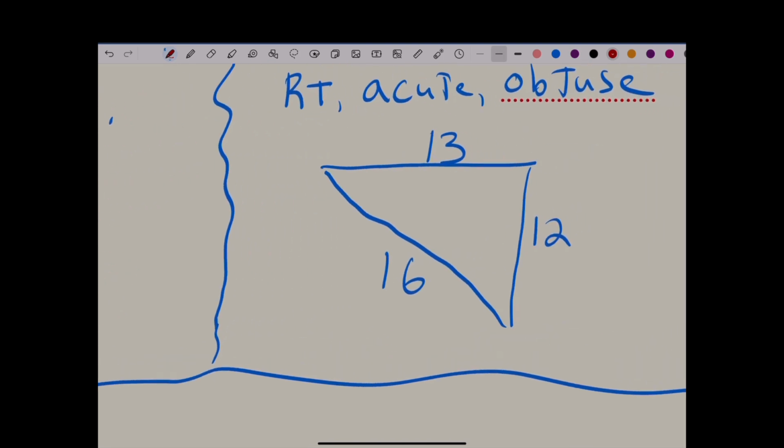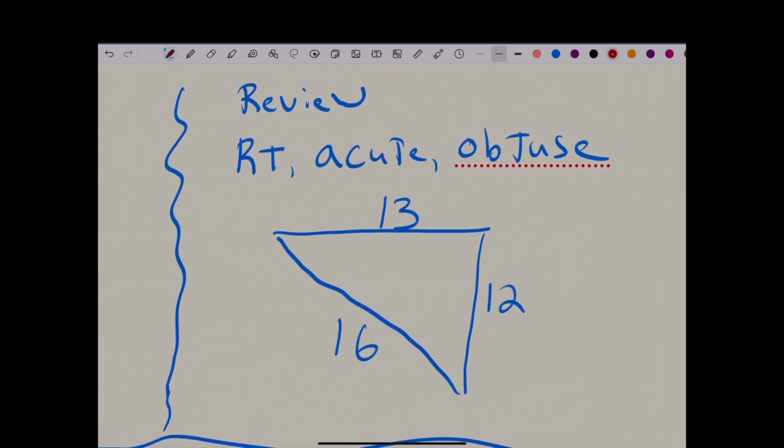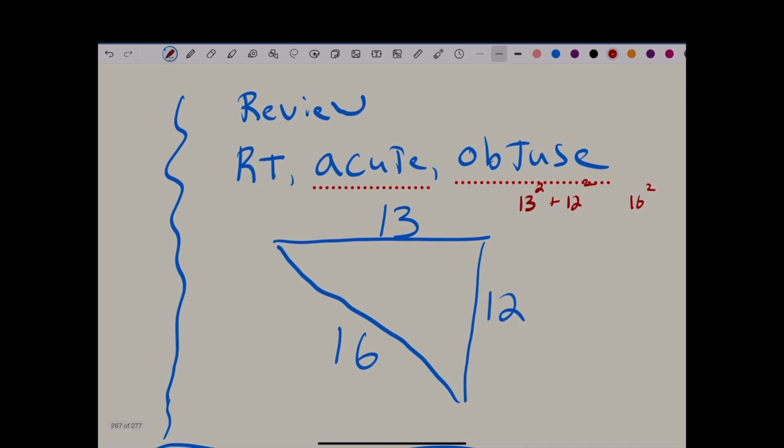Second one says, is it acute, obtuse, or right? So we use Pythagorean theorem inequalities. 13 and 12 are my a and b because they're the two smallest sides. 16 would be my hypotenuse if it was right. 13 squared is 169. 12 squared is 144.